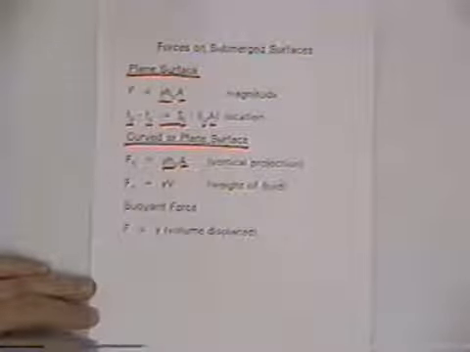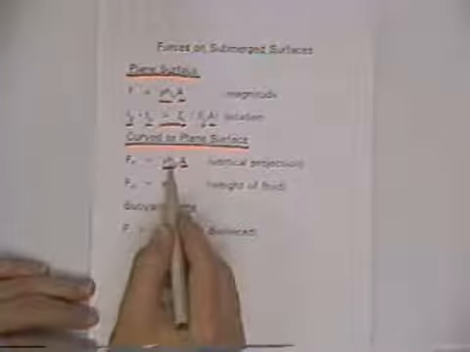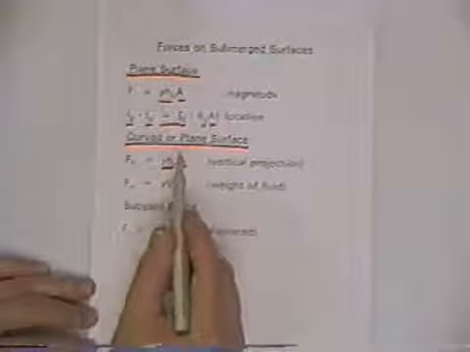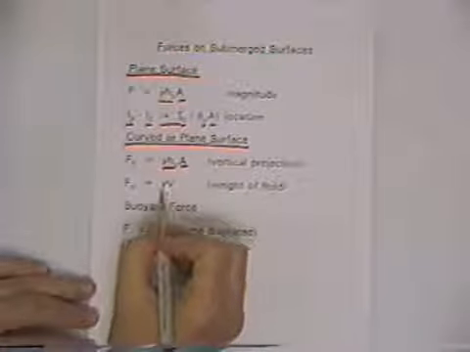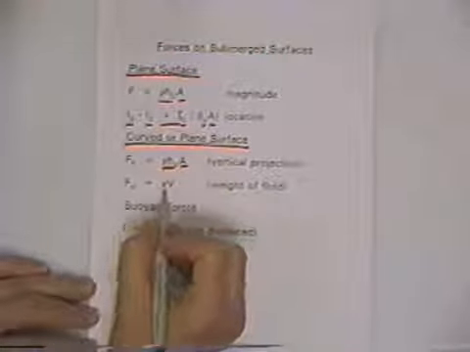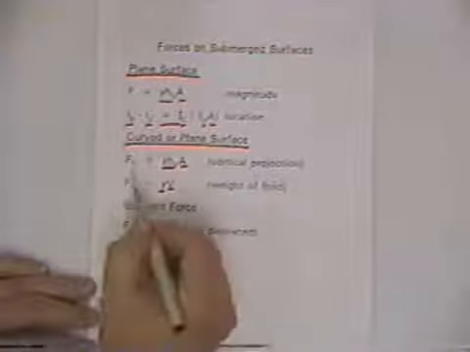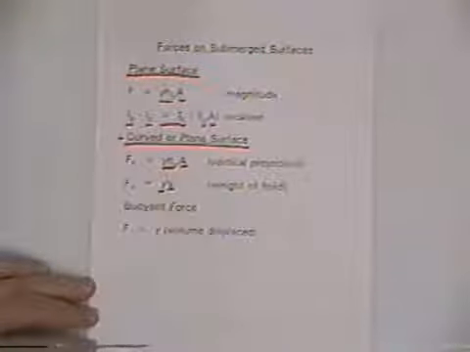And again, the pressure is just the unit weight times the head, which is measured from the water surface or the liquid surface to the centroid of the area. And then the vertical force is just looking at a horizontal projection, and then it's just the weight of the fluid on the horizontal projection. And so the weight is just going to be a volume of the fluid times the unit weight of that volume. And so this is nice, and it'll work for any shape.